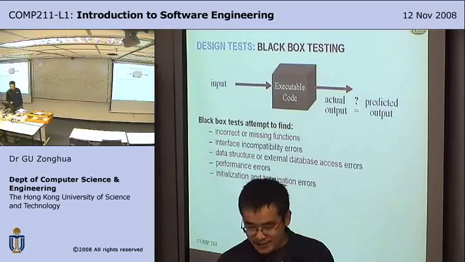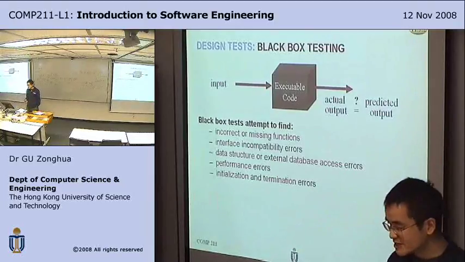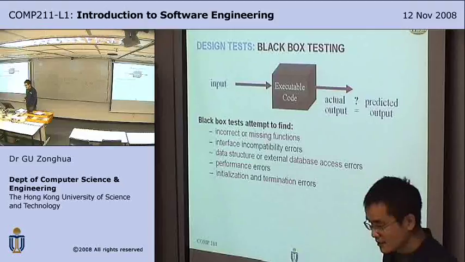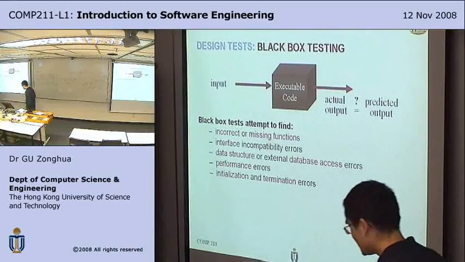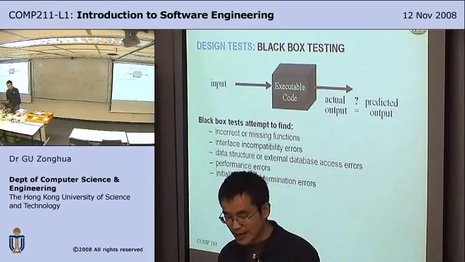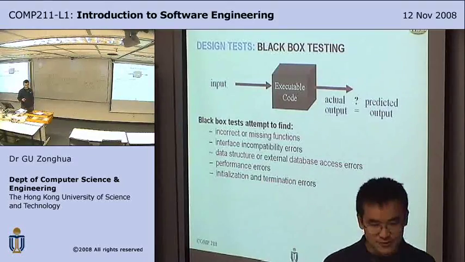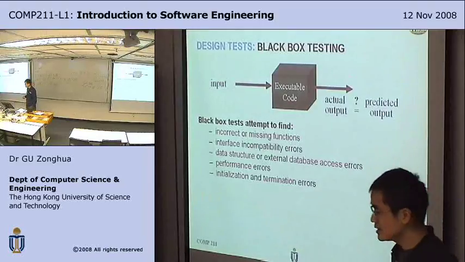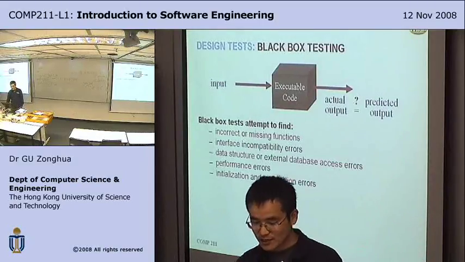So black box tests attempt to find incorrect or missing functions. That is, if you have a sorting operation as your executable, and you pass in the array, and the result is not sorted, then it's incorrect, right? Interface incompatibility errors.